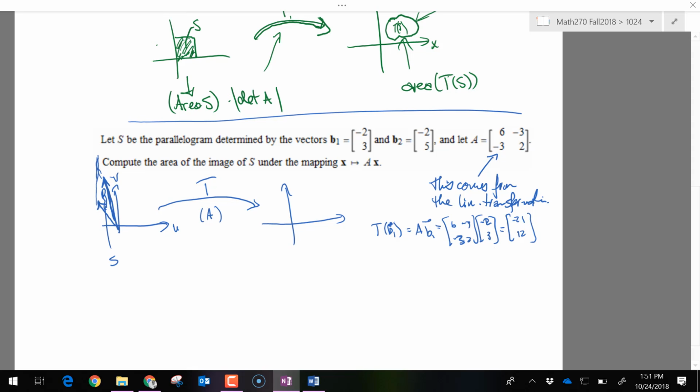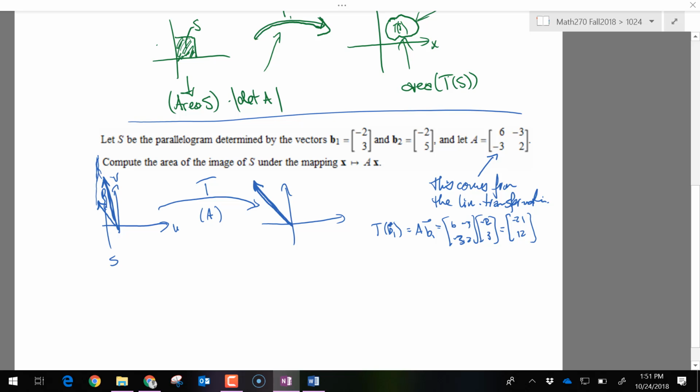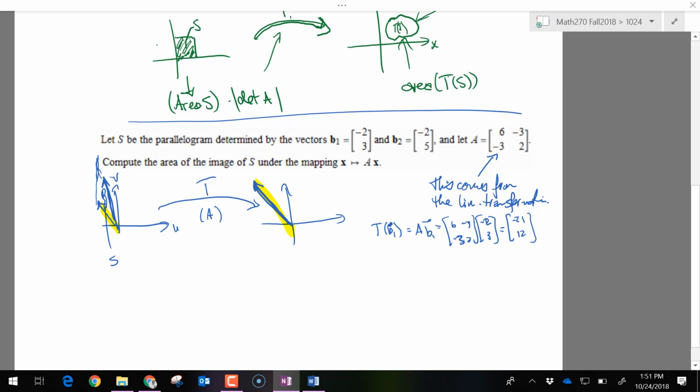So this would be a vector that's like this. So the B1 vector maps to this vector. So let's see what happens to B2. T of B2 is A applied to B2, which is 6, -3, -3, 2, applied to -2, 5.